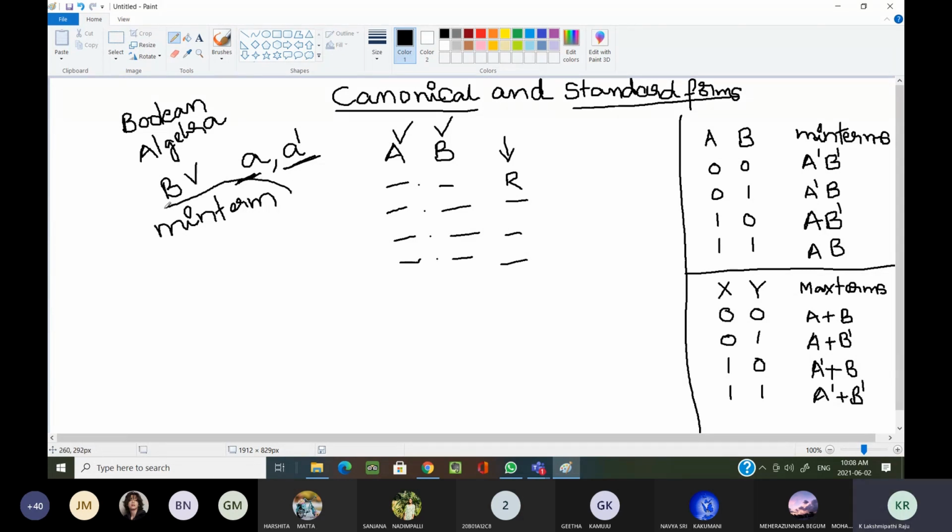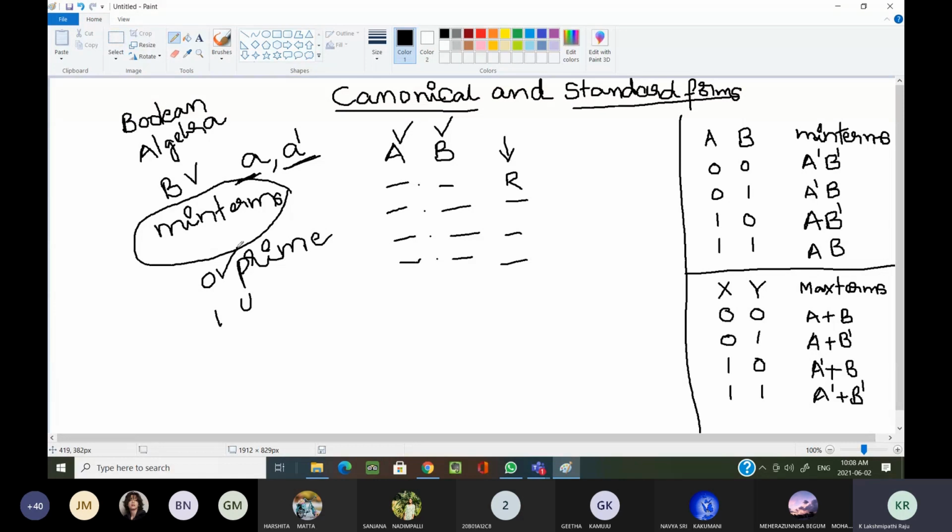Now, one more important point we have to remember whenever we are finding the minterms. In minterms, 0 we take as prime, and prime means the complement form. 1 we consider as unprime.